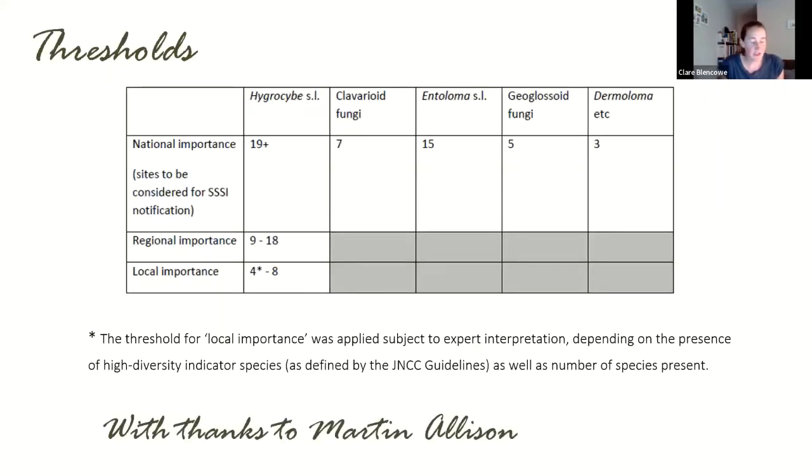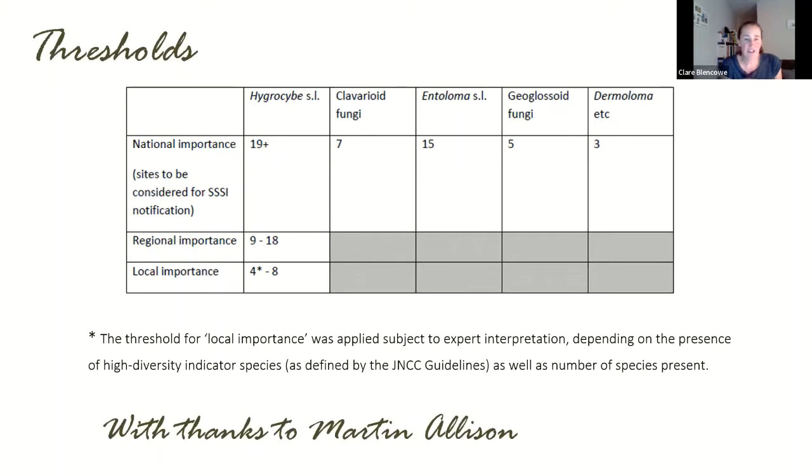So those are the thresholds that we used, and the thresholds for national importance are taken from those JNCC guidelines, and we looked at comparable projects that had been done. I think there was one done in Dorset, and we used the same thresholds for regional importance that were used there.